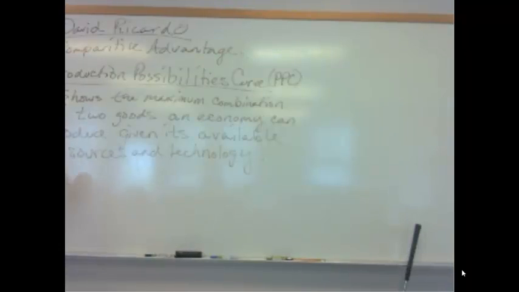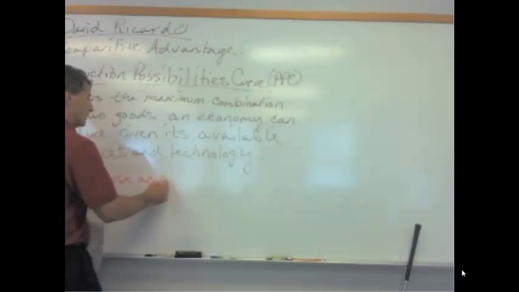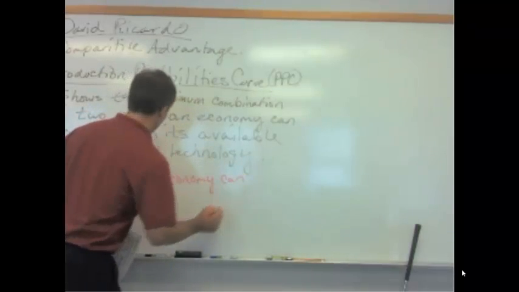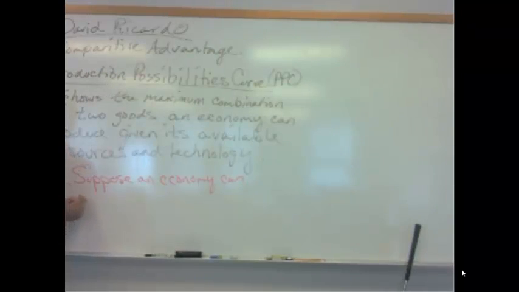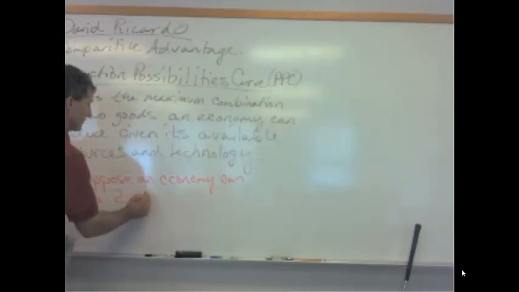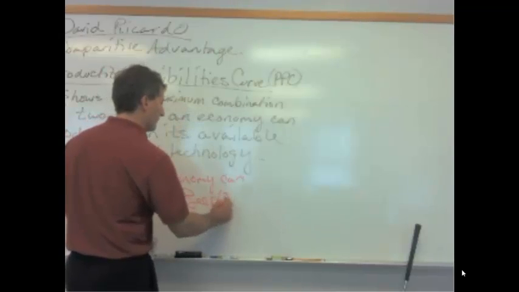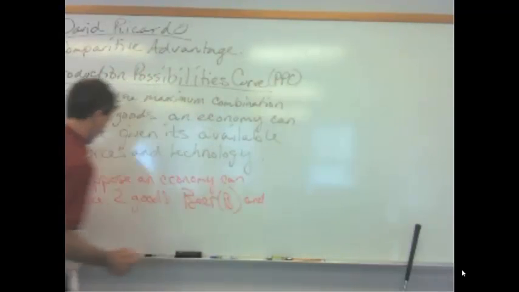Suppose an economy can produce two goods. Beer and pizza.